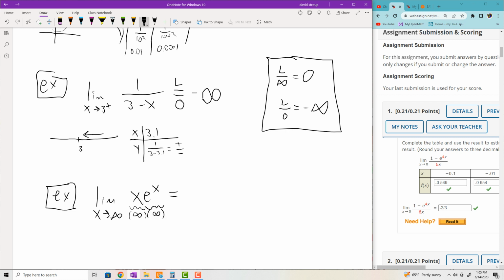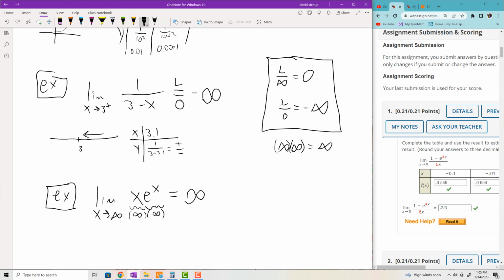So this form is basically infinity times infinity, and when that happens, the result is just going to be infinity. If you did a table, you would have 10 times 10, 100 times 100, 1,000 times 1,000, and the numbers are just getting bigger and bigger and going off to infinity.